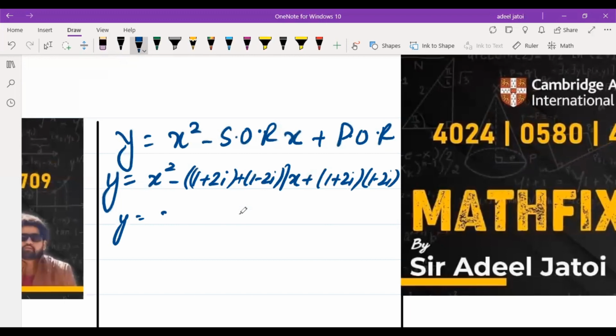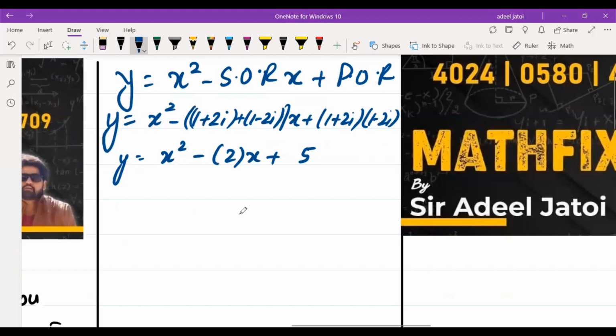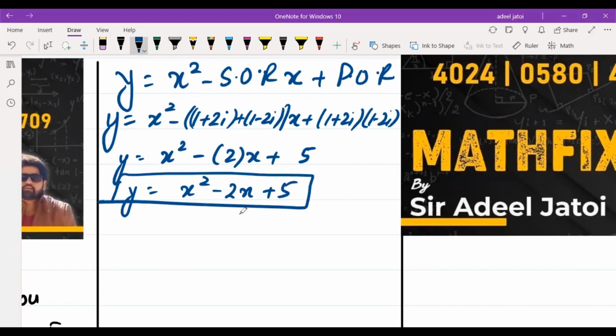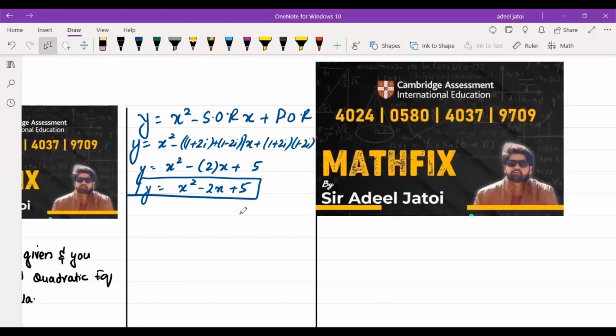So the answer for this is x square minus 2x plus 5. So the end result is x square minus 2x plus 5. This will be the answer for forming the equation from the roots.